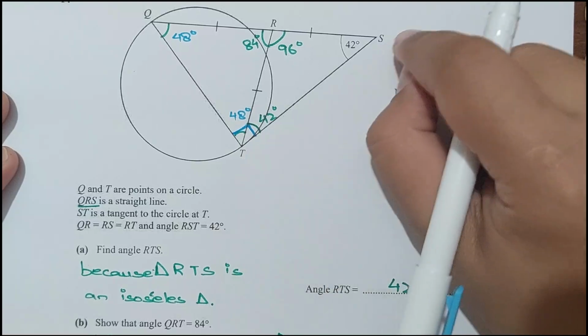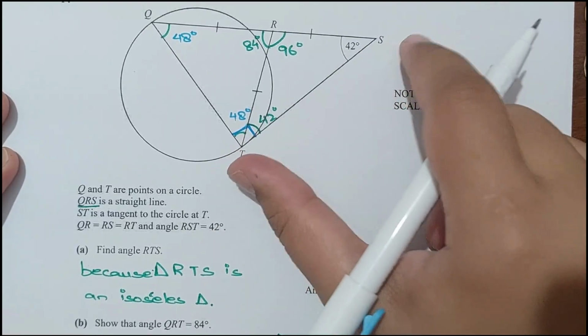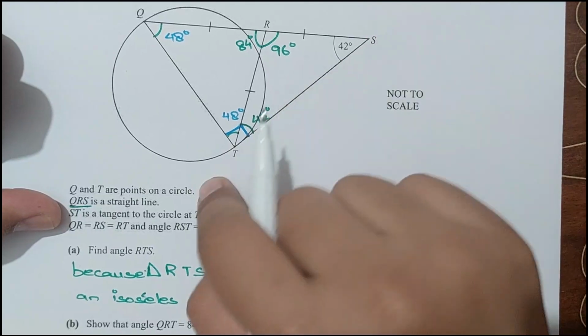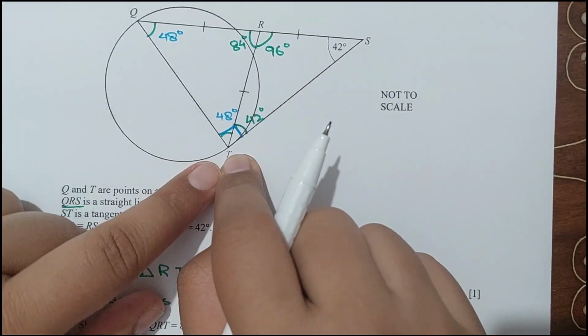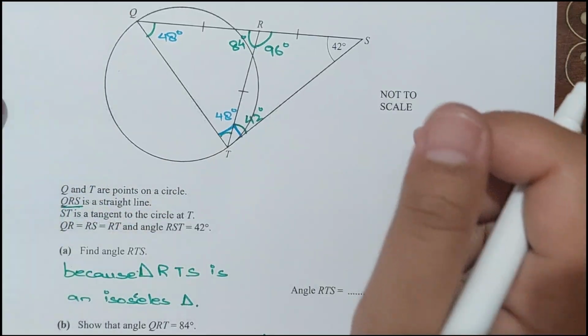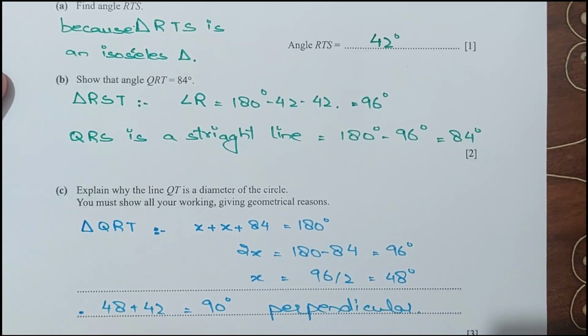And we know that ST is tangent to the circle at T. So TQ is a diameter because a tangent is perpendicular to the diameter of a circle.